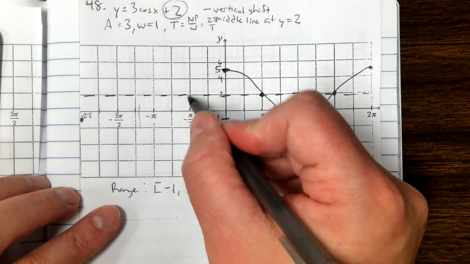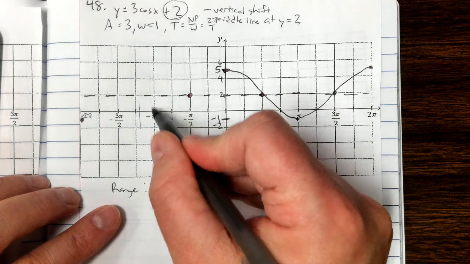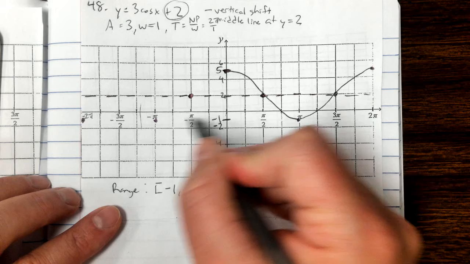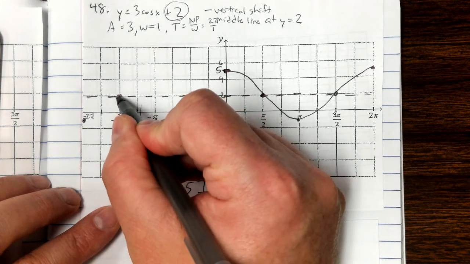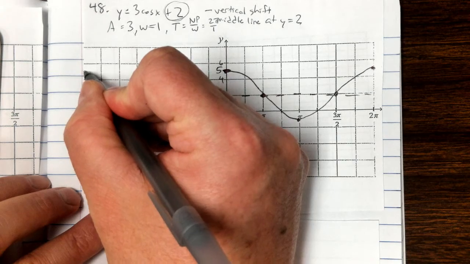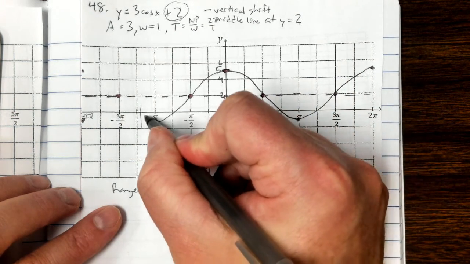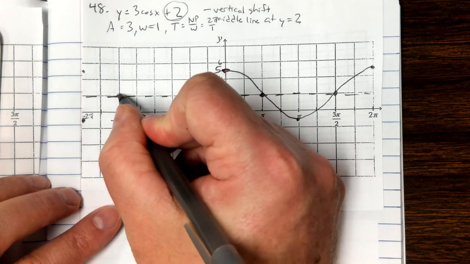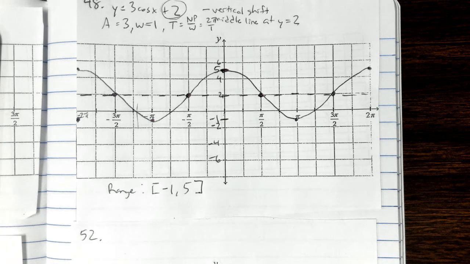So this one comes down to the middle, and on this one it goes 1.5 blocks down to where -1 is, and then it comes back up, and then up to this. So sort of like that.